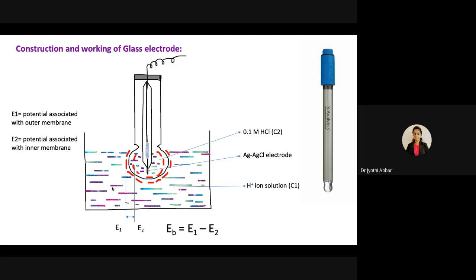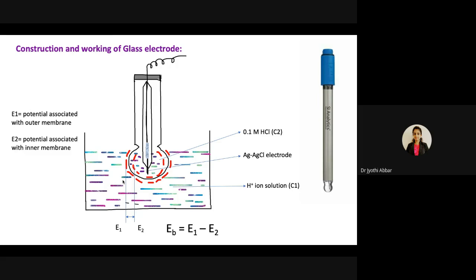Theoretically, we say that no potential should develop when the concentration across the membrane remains the same.